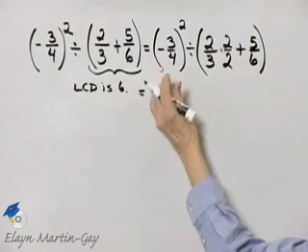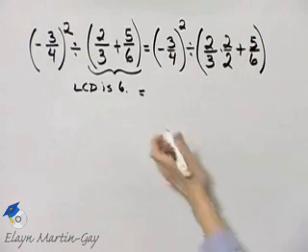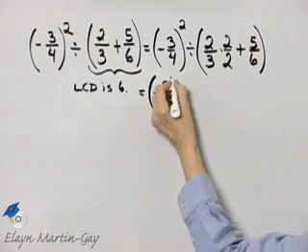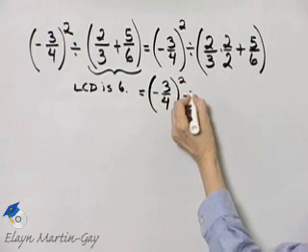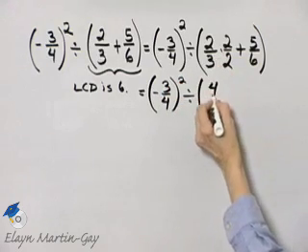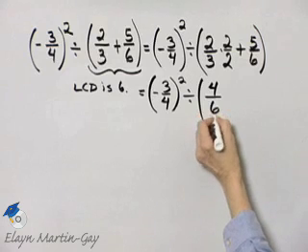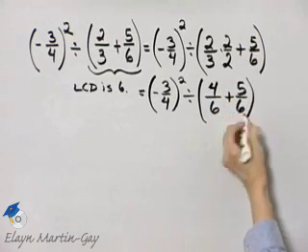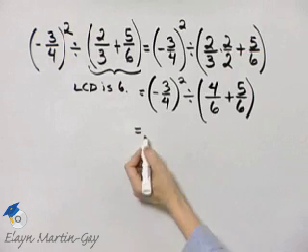Let's continue. We are working within this set of parentheses. So I have still negative 3/4 quantity squared divided by, now I have 2 times 2, which is 4/6, plus 5/6. And now I can actually add.